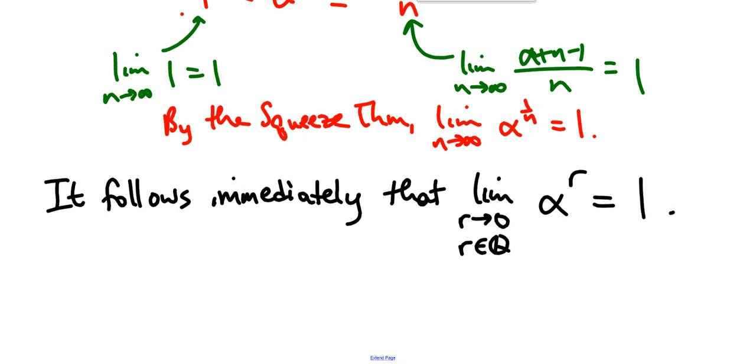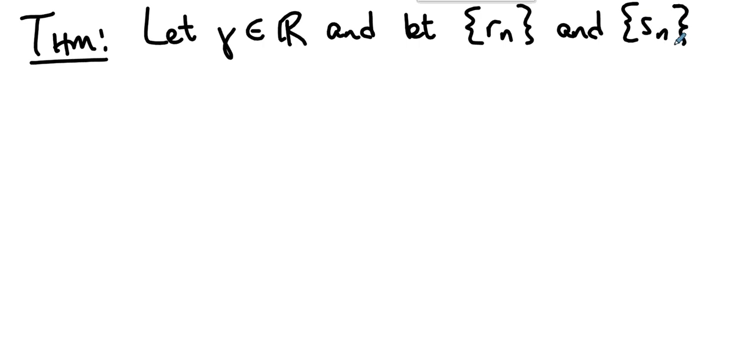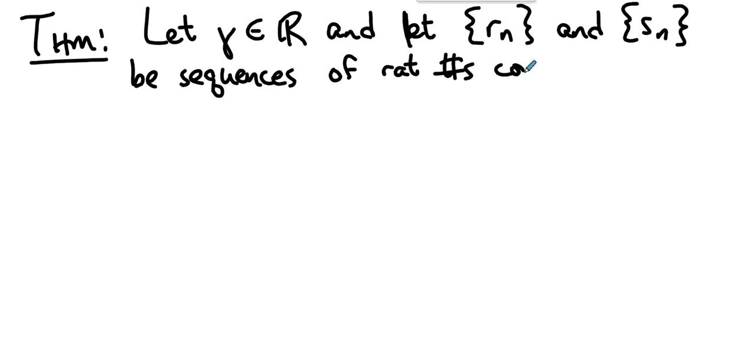The big result, the proof of it is in your text, so I don't have to go too crazy with this, but I can cite the result. We let gamma be a real number, and we let the sequences r sub n and s sub n be sequences of rational numbers converging to gamma.